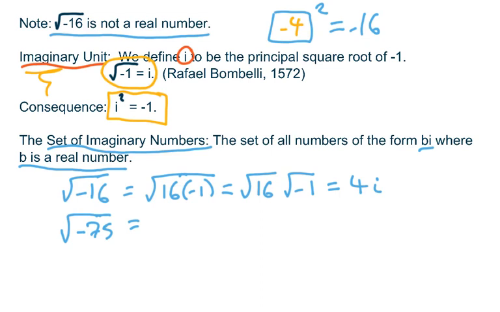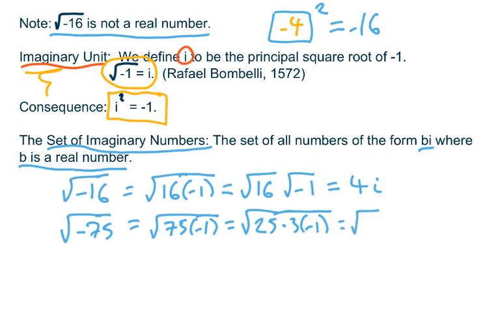Now, this is going to go back to another idea we've talked about with radicals. We can certainly write the -75 as 75 times -1. And you might also remember in talking about simplifying radicals that if you can write a radicand as a product of a perfect square and something else, a leftover, then you can split up this radical as the principal square root of 25, the principal square root of 3, the principal square root of -1.